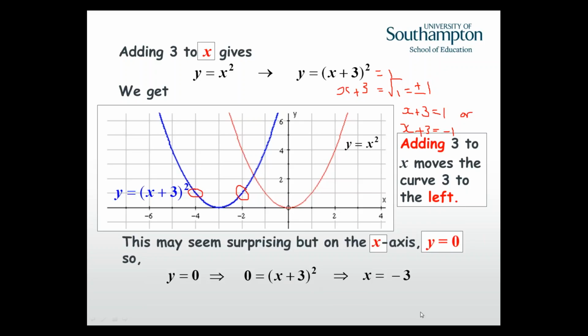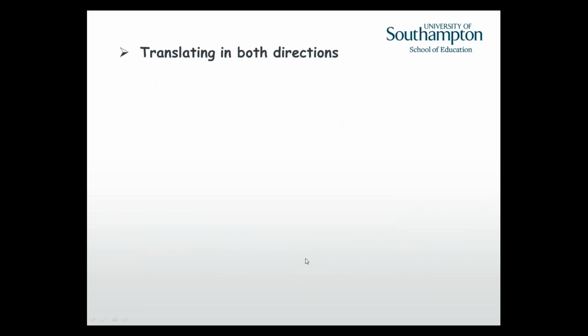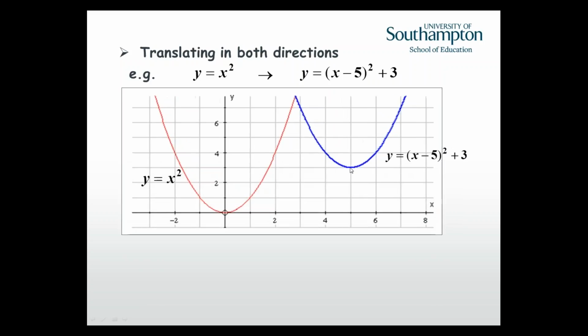So here we go, we're just doing the same thing. If we do both at the same time, for example, here we are taking 5 from each of the x values and adding 3 to the y values. It can do both. So this will move it, so it's negative, it will move it to the right by 5, and then this one will move it up 3. So there is my new graph.